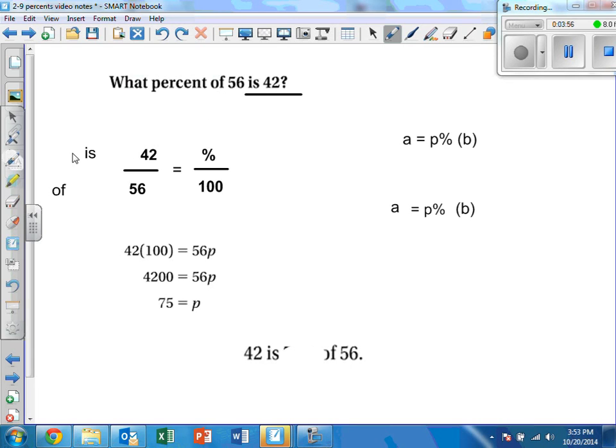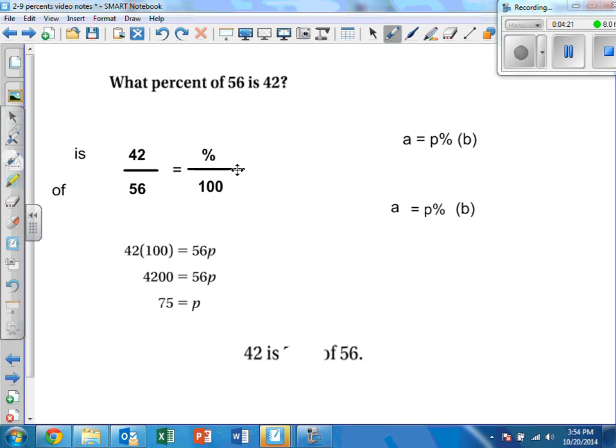That goes into my is spot. What percent? What becomes my variable, so I just leave that alone. Cross multiply 42 times 100, 56 times my percent, divide both sides by 56, and I get 75 is the number I'm looking for that goes up here for my percent.